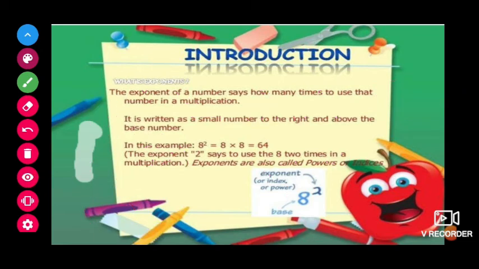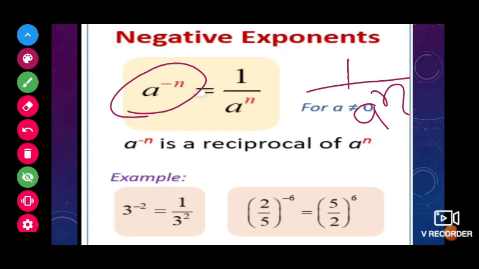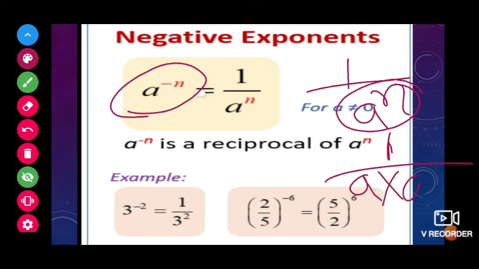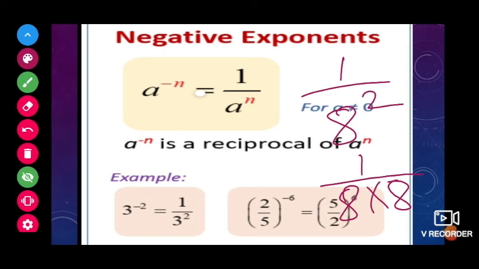If it is a negative power, first we take the reciprocal of that, that is 1 by a to the power n. Now 1 by a to the power n means a should be multiplied n times. If it is a to the power minus 2, then we take 1 by a to the power 2, that is 1 by a into a.